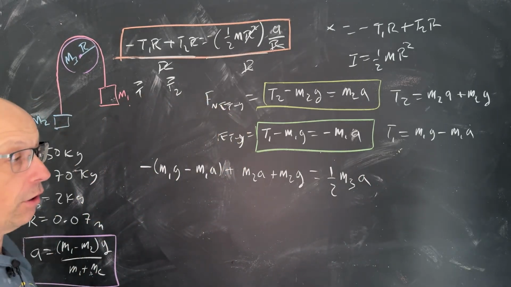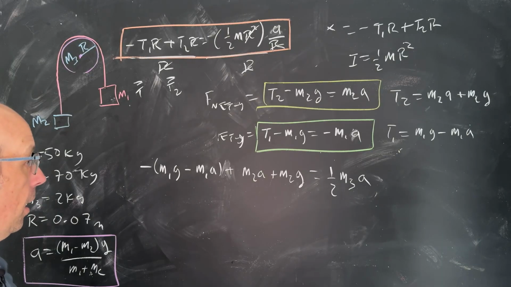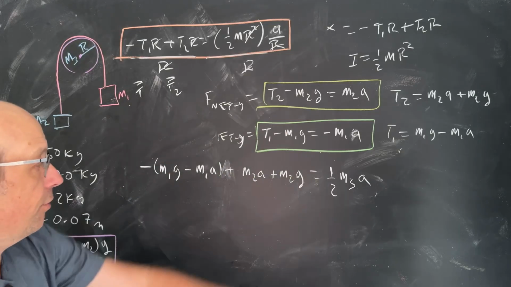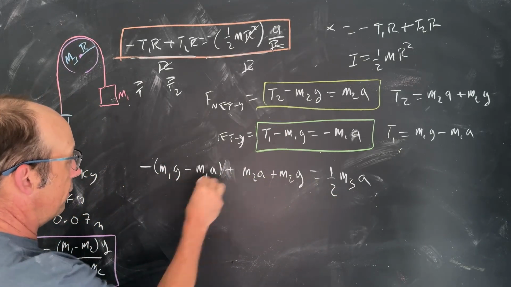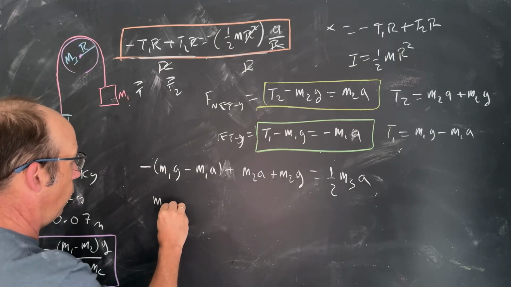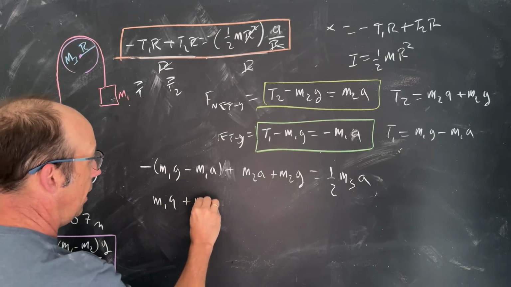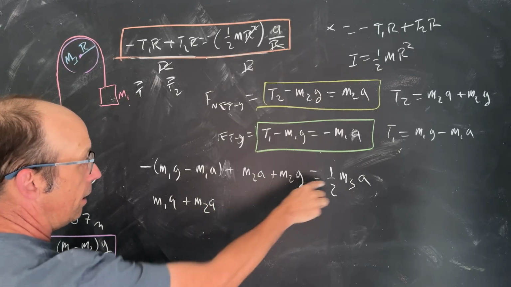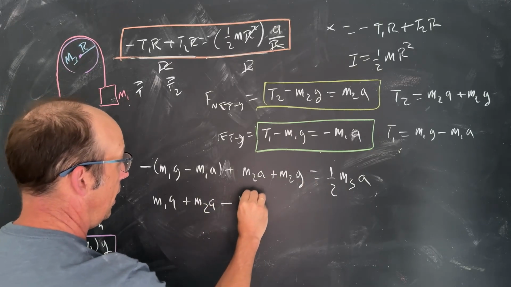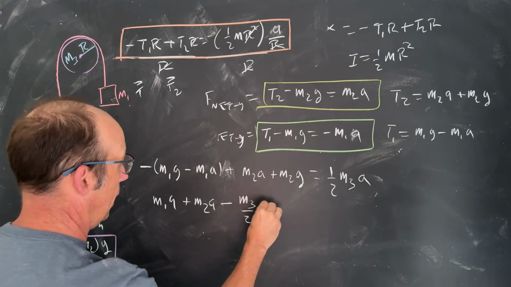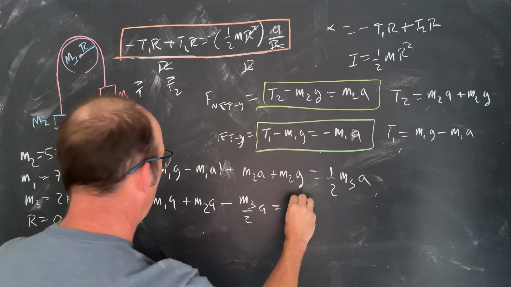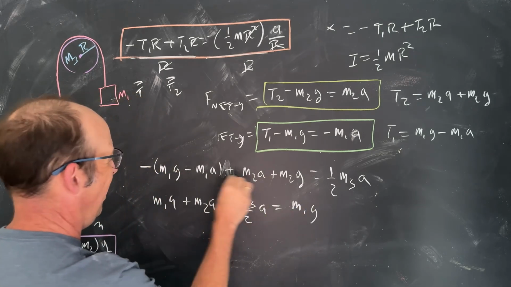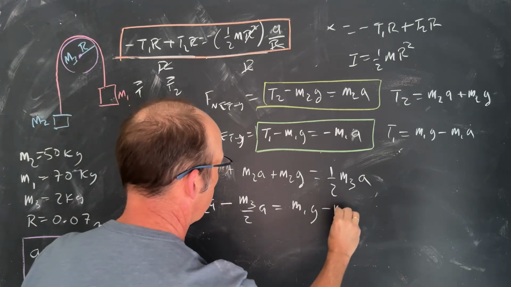And I want to solve for A. So I'm trying to think here. Yeah, let's just move the G stuff to the other side and subtract this from both sides. So I'm going to move that to the other side. I get negative M1A plus M2A, and then move this to the other side, minus M3 over 2A equals, that moves to the other side, M1G, and then minus M2G.